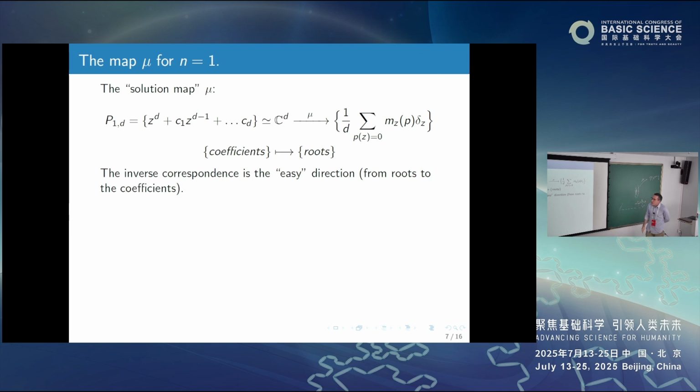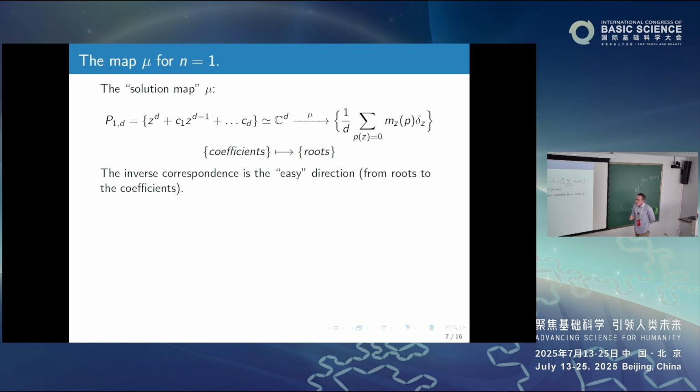As I was mentioning, going back to the case of univariate polynomials, the one where the polynomial just depends on one variable, so this will be P1D, the space of polynomials in two variables, okay, this is dehomogenized, but it's the same if you directly think about polynomials of degree D. The solution map will associate the Dirac deltas centered on the points where you have the zeros of your polynomial, multiplied by the multiplicity of those zeros, renormalized by the total mass, the total number of zeros.